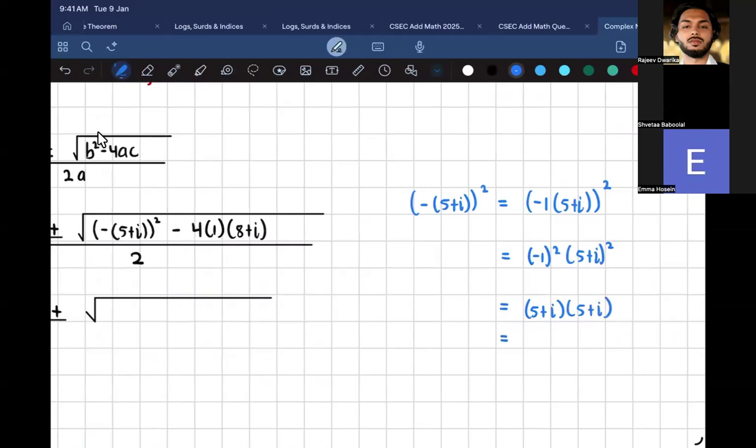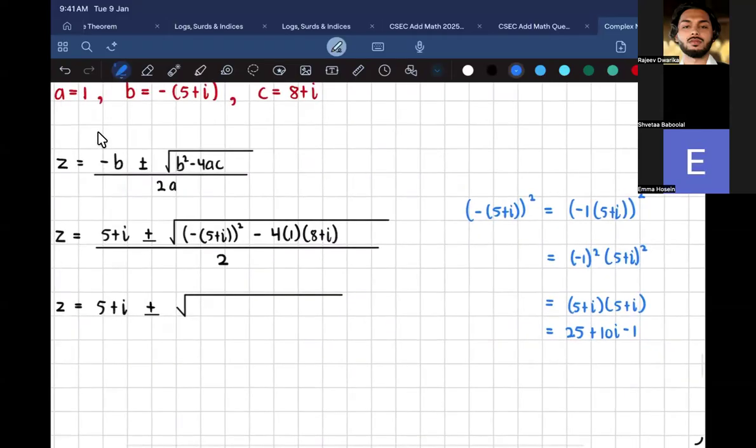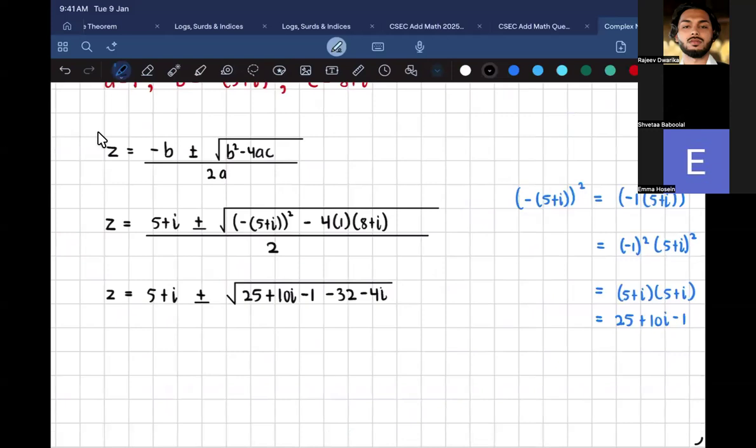That's going to be equal to 25 plus 10i minus 1. You understand how I get that? Right, so I'm going to write 25 plus 10i minus 1 over here. And over here, that's going to be minus 4 by 8, which is minus 32. Then minus 4 by positive i is minus 4i. Did I lose anybody yet? No. All over 2.